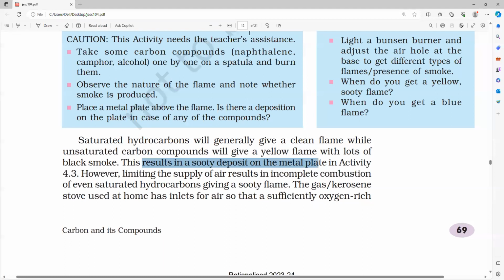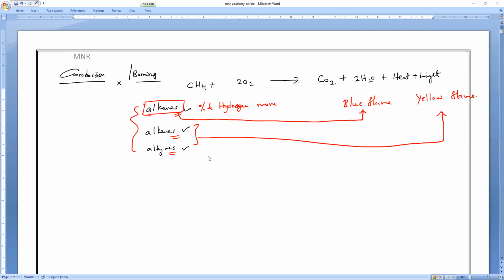If you supply pure oxygen, unsaturated hydrocarbons, that is alkenes and alkynes, will burn completely without smoke and produce a blue flame. That is also very, very important. Are you clear, everybody? What is the difference between yellow flame and blue flame? The entire thing, word to word, is important for our board examination.